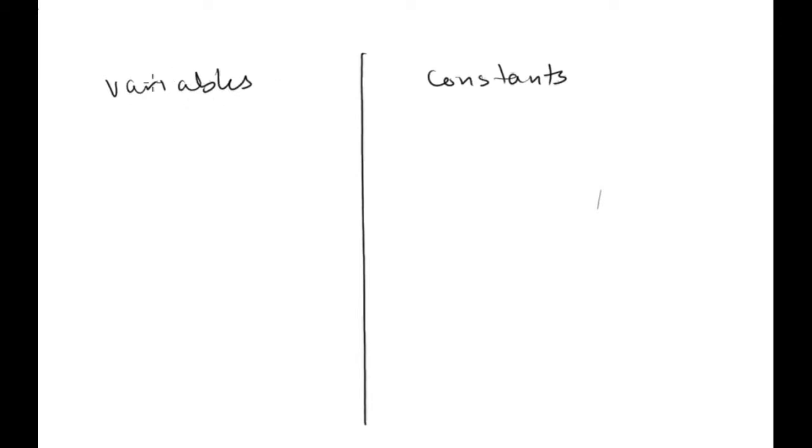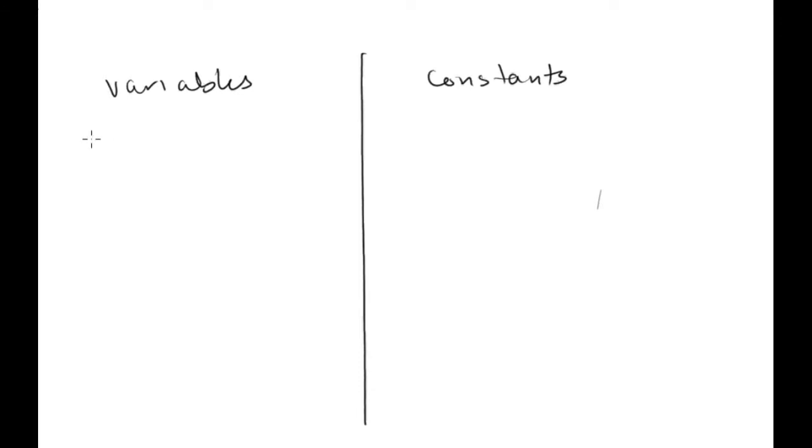Now let's deal with a variable. What's a variable? In IT, a variable refers to a location in memory whose value can change during processing, while a constant is a location in memory whose value is fixed, meaning it never changes during processing.